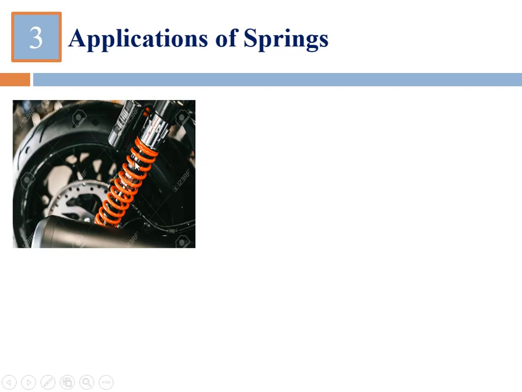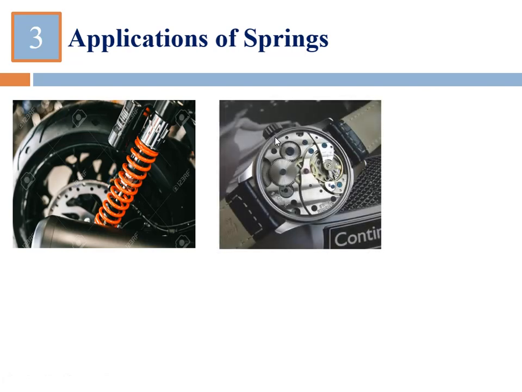It stores that energy, and then it delivers that energy back just by elongating, by coming to its original position. One more thing is there which is called a damper, but we will not go into that detail. For now you just remember that the spring has one of the most common applications in the vehicle, that is in the suspension system.